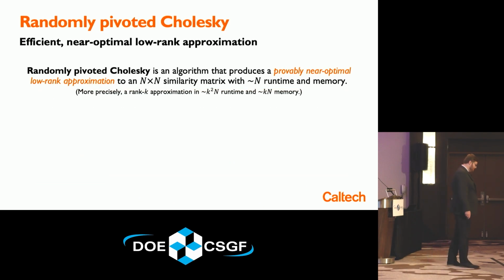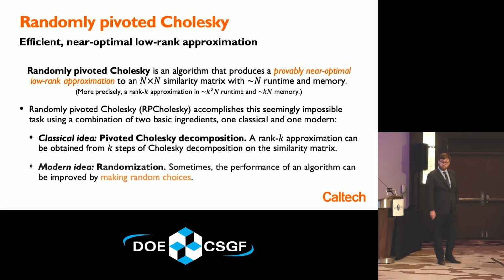All right, so my colleagues and I developed this randomly pivoted Cholesky algorithm, which provably produces a near optimal low-rank approximation to any n by n similarity matrix. And it does so with a runtime that scales linearly in the number of data points n. And really, this algorithm is a simple combination of two ideas, one of them classical and one of them modern.